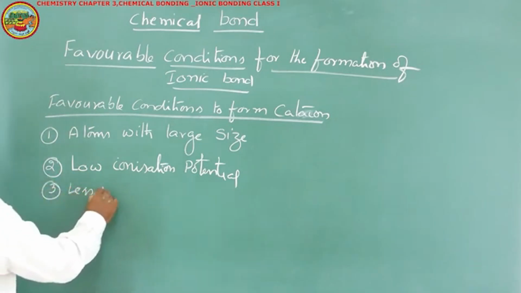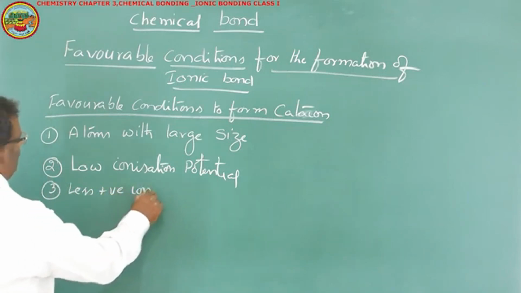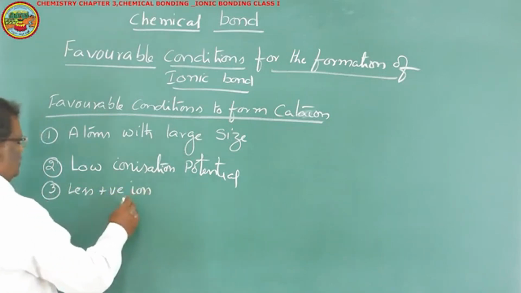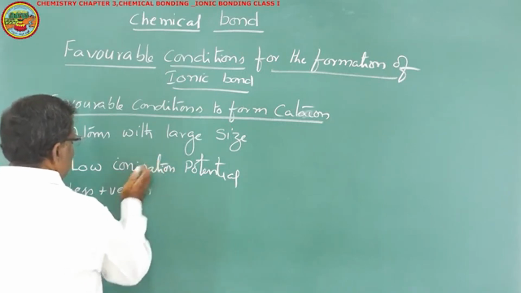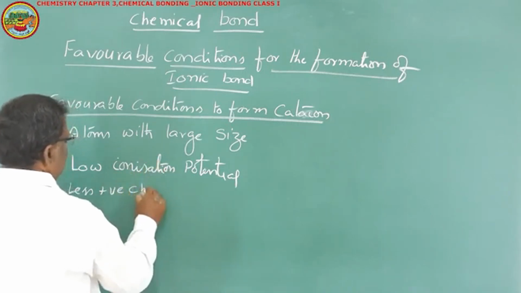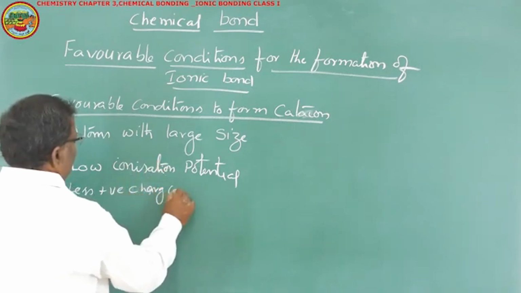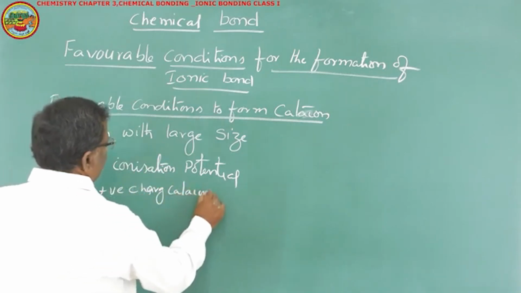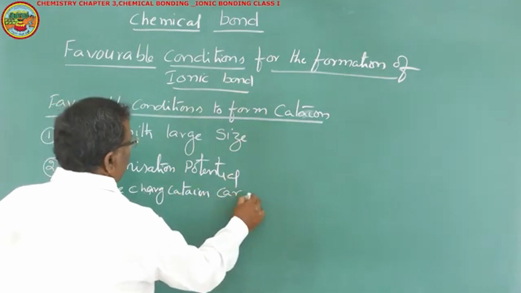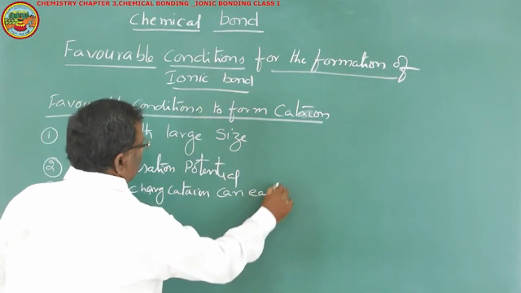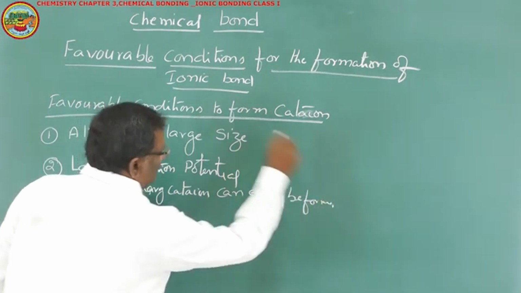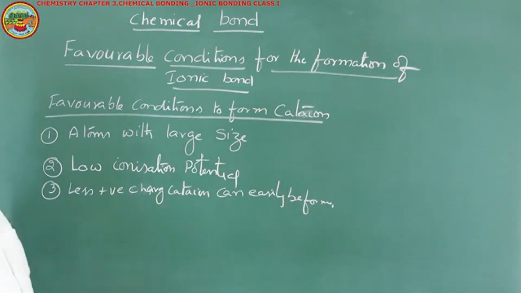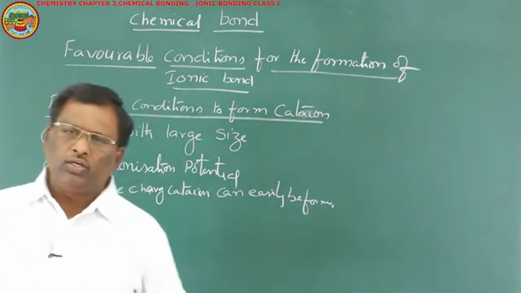So less positive charge cations can easily be formed than high positive charge cations.